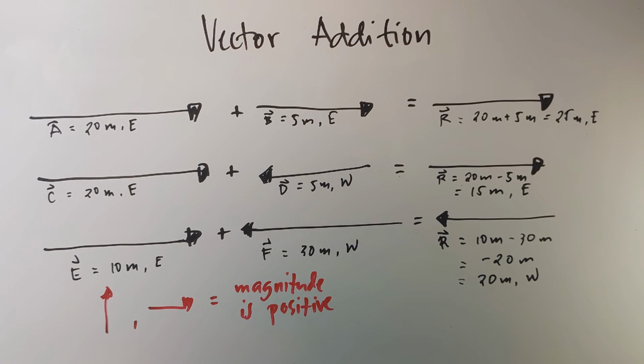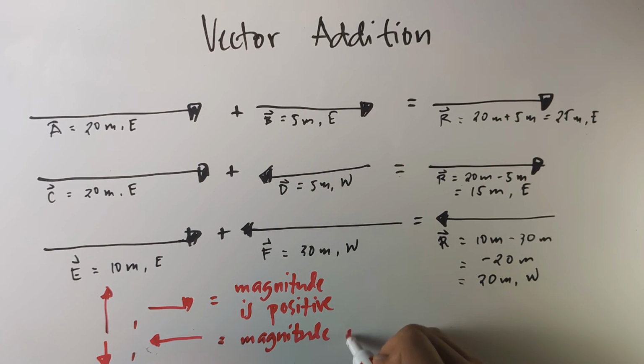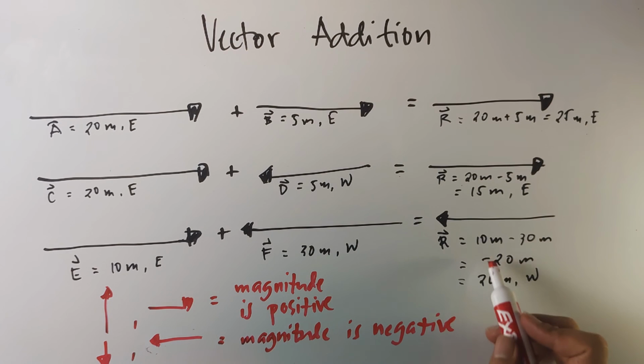If you're going to the south and west, the magnitude is negative. I hope you understand that. Don't forget to revert the sign after assigning the direction.